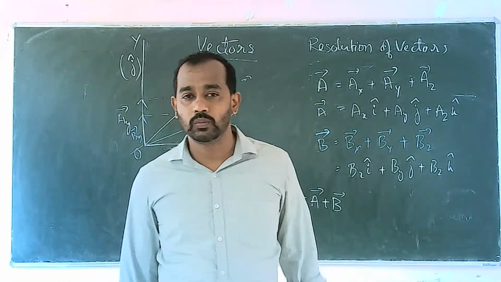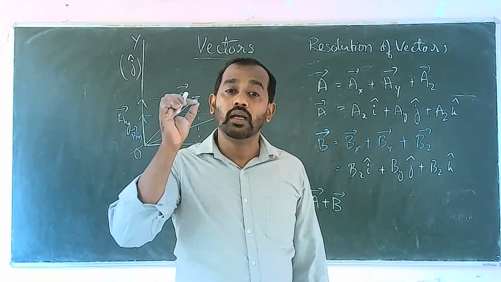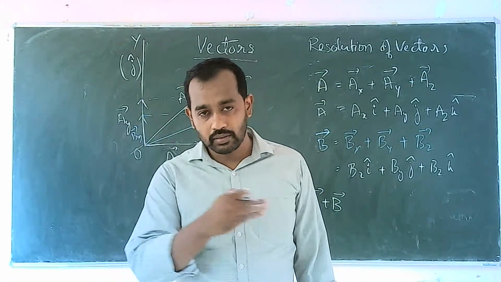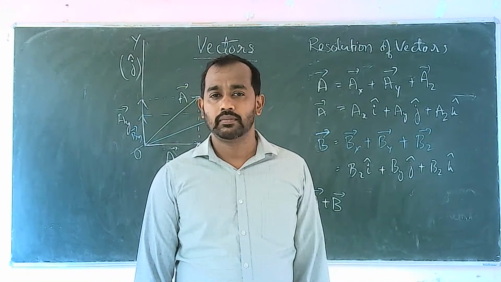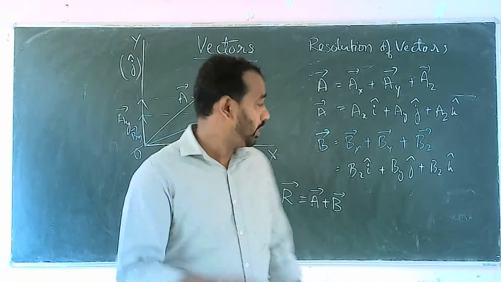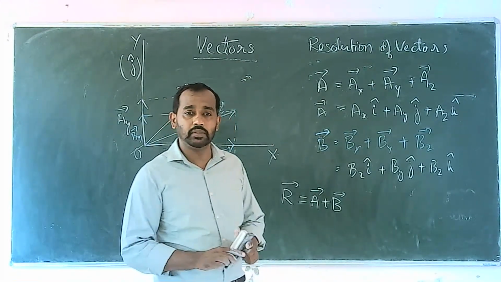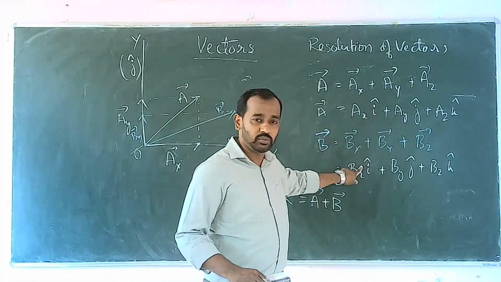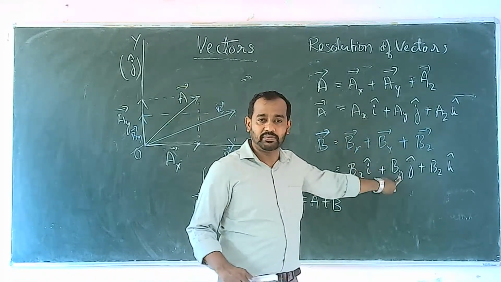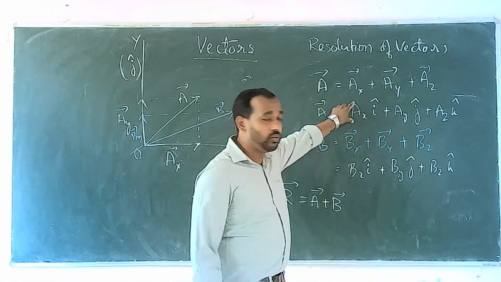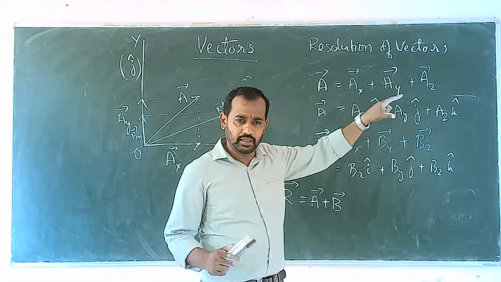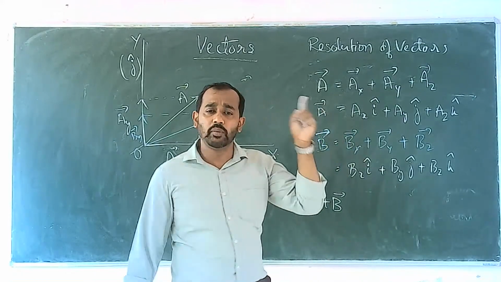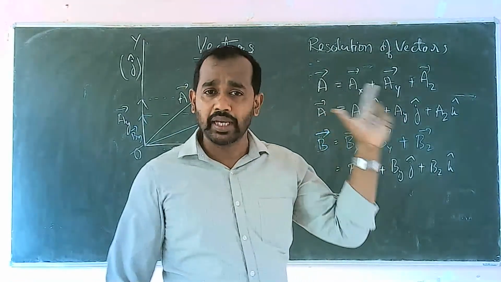When we add these two, the rules which you have followed in algebra are valid here also. We can add only those terms which have the same direction. We cannot add the others. The magnitudes are represented by some number. Here we have used a general term; A could be anything: 1, 2, 5, 10, -10, -1.